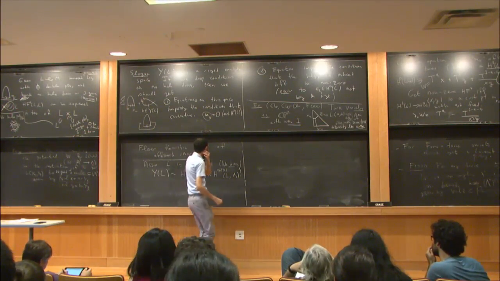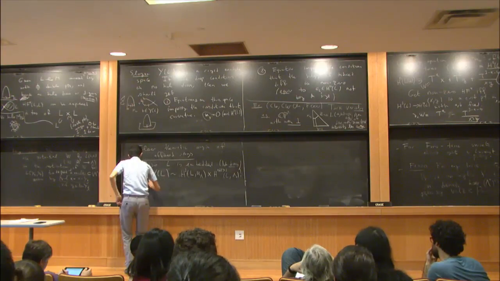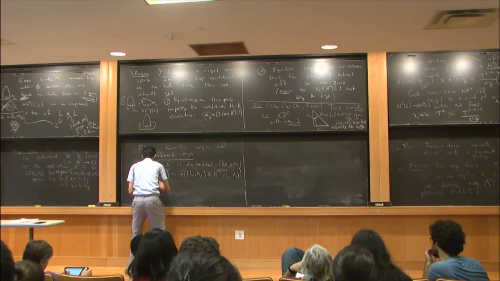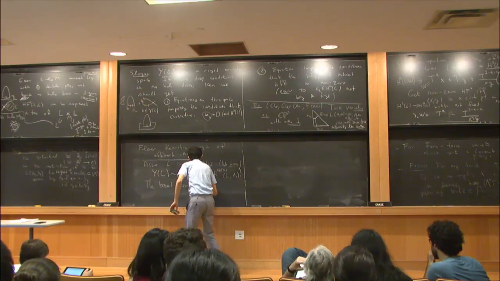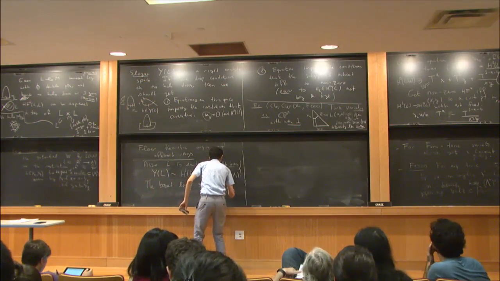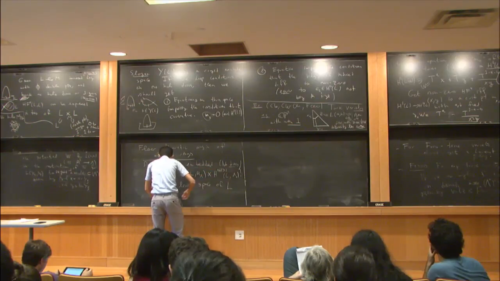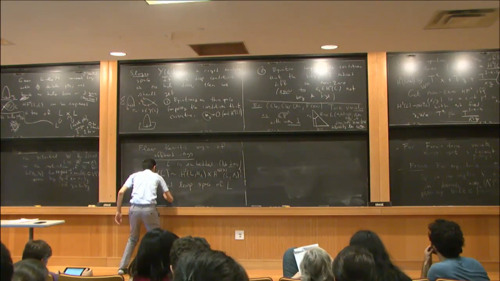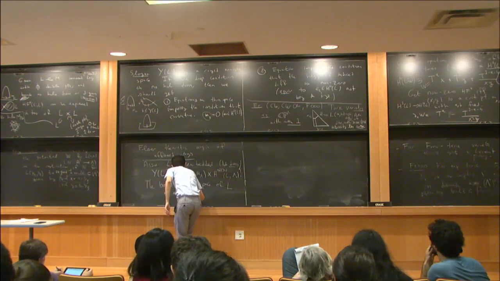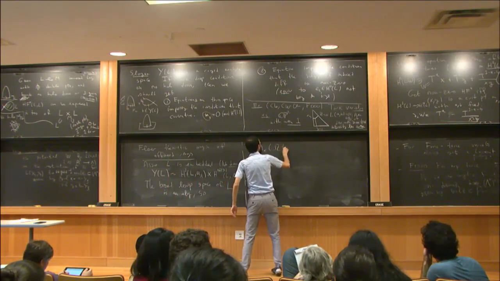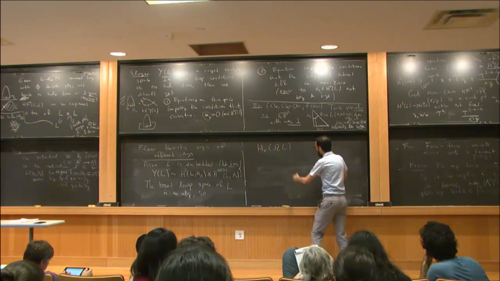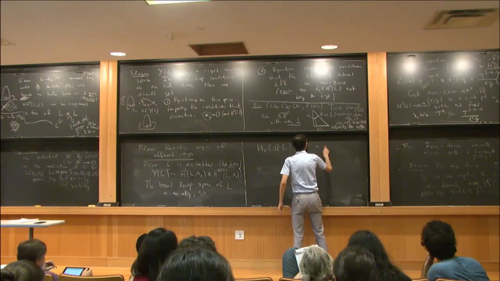The answer is that we should think about the based loop space of L. The based loop space of L, at some base point which I'm not going to specify, is an algebra. So the homology of the based loop space of L is a graded algebra.